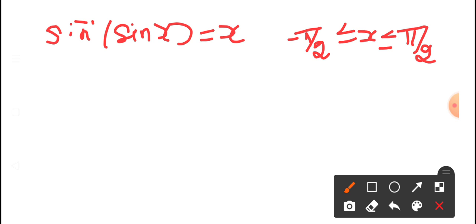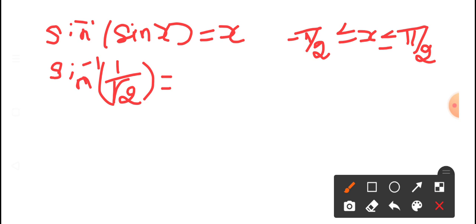Okay. Now our first sum. What is our first sum? First sum: sin inverse of 1 by root 2. Do you know the sin value 1 by root 2? Do you remember? Yes, sin pi by 4. That is 45 degree.